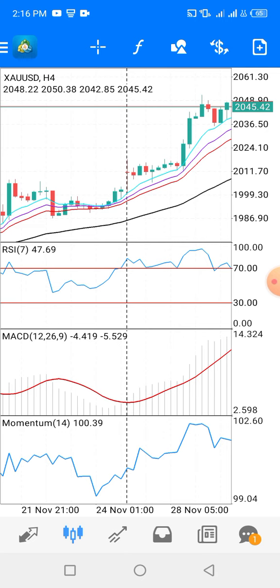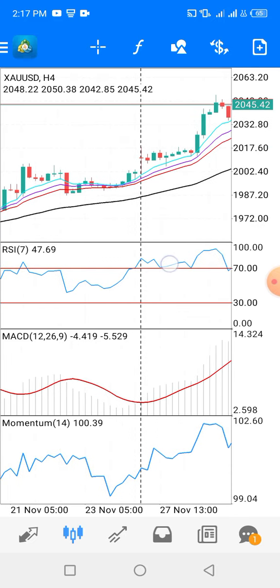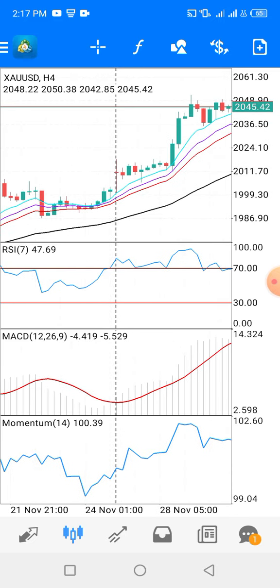And then we are waiting for the RSI also to move. If you want to buy, we are waiting for the RSI to move from 30 to hit the 70 line. Remember, this is the 70 line.